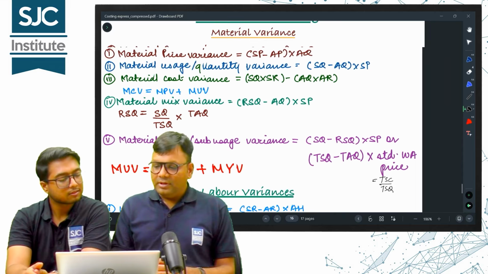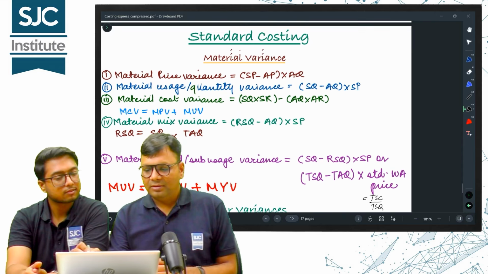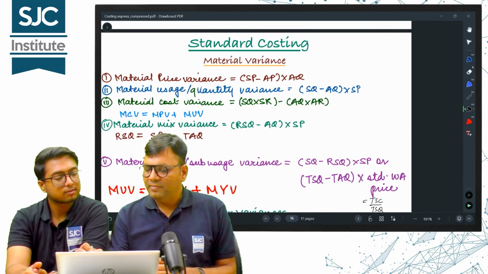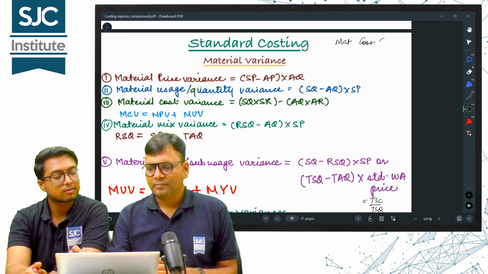Alright. So do you remember the format of calculating material variance? We used to prepare a material cost card, and in the material cost card we have standard cost for actual output, and then we have actual output related actual cost. We then say QPA.